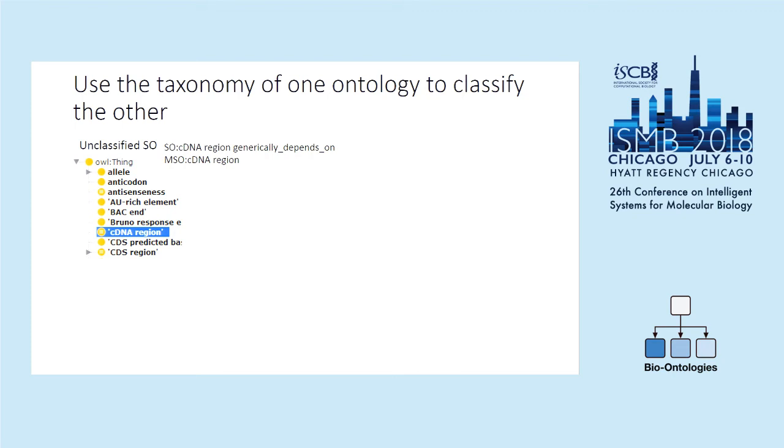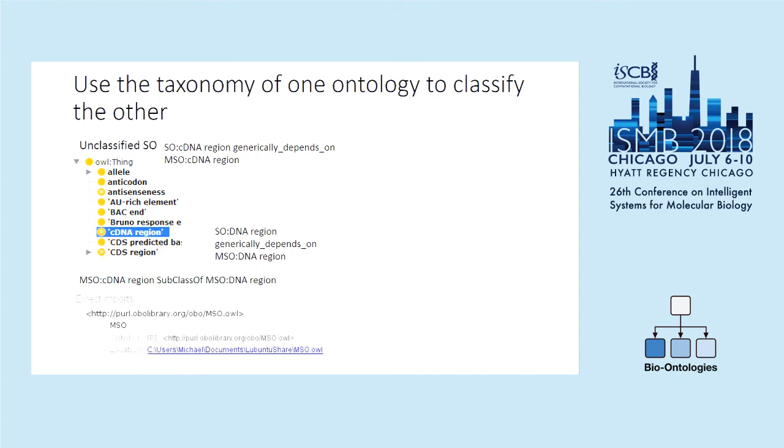And since, by design, we have richer axiomatic assertions in the MSO, we know that the MSO cDNA region is a subclass of DNA region, okay? But since this is not flagged as belonging only to the MSO, we have a counterpart in the SO, we know that there has to be an SO DNA region existing somewhere that generically depends on it.